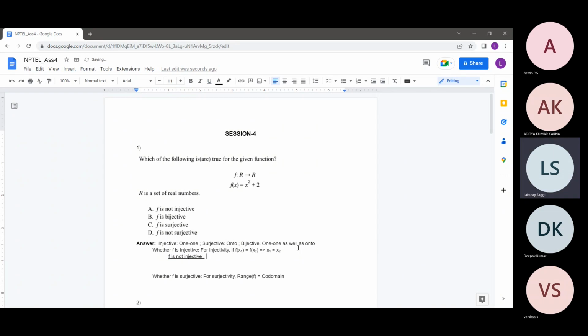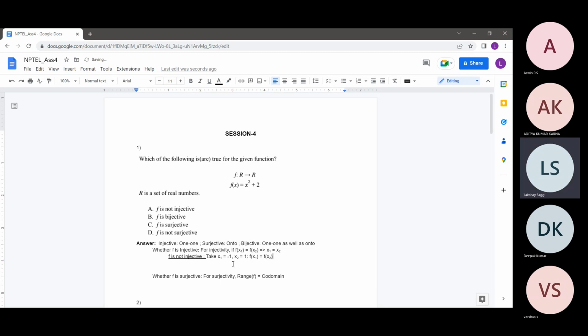The reason is that we take x1 equals -1 and x2, basically the two different inputs on which the value will be the same. At both of these values, f of x1 is equal to f of x2.